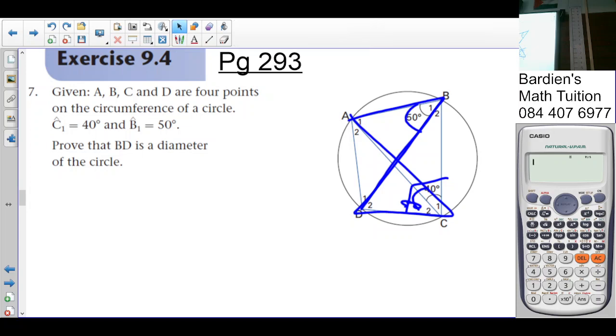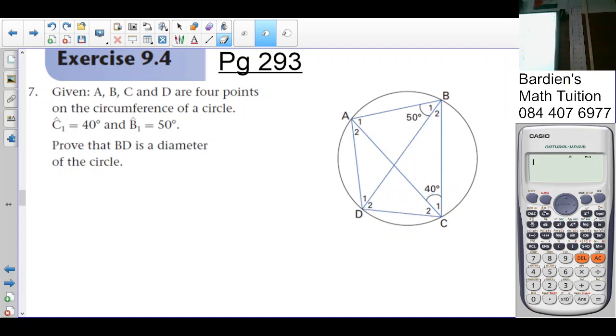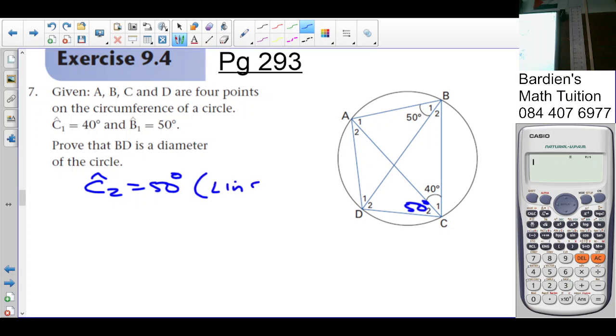Right. Let's write this out neatly. So firstly we're going to say that C2 is 50 degrees. Why is that 50 degrees? Angles in the same segment, and it's coming from arc AD.